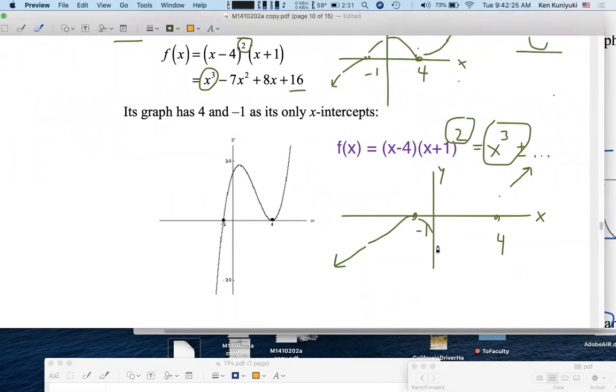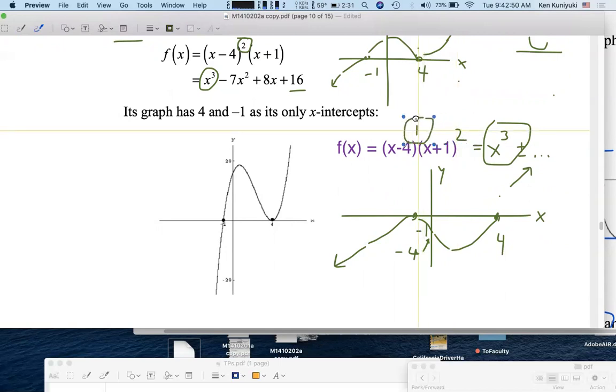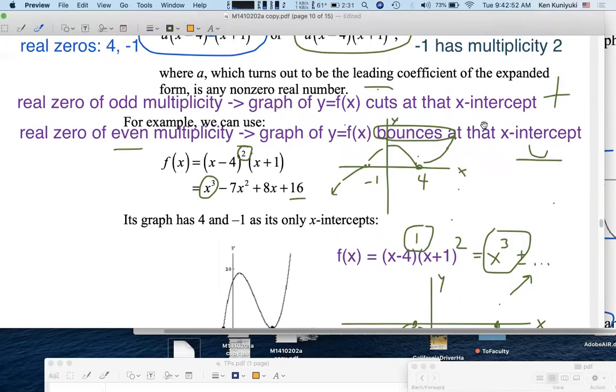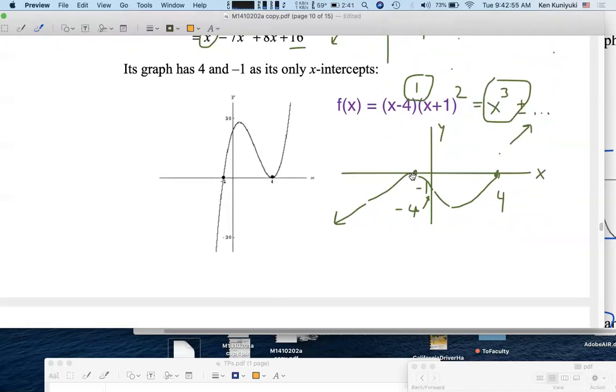So 0, -4 is going to be our y-intercept. The graph's going to turn around. I don't know if the graph turns around in quadrant 3, but let's assume it's quadrant 4. Comes back up, and then at x equals 4, since the graph's going to go up, up, up, I think it's going to cut. 1 is odd multiplicity. That means we cut through like a snake. We bounce like a bull over here at -1. Here at x equals 4, we cut like a snake, and then up, up, up.